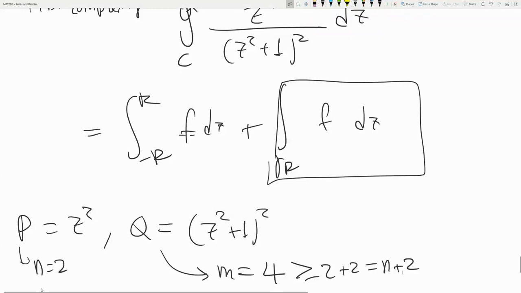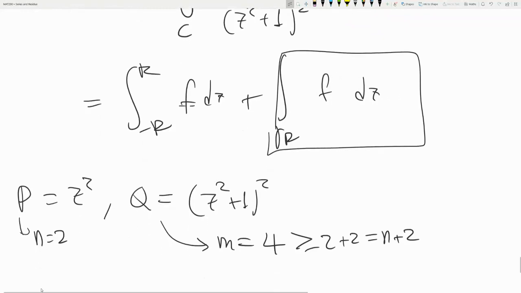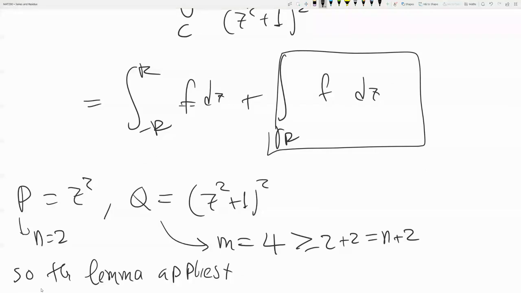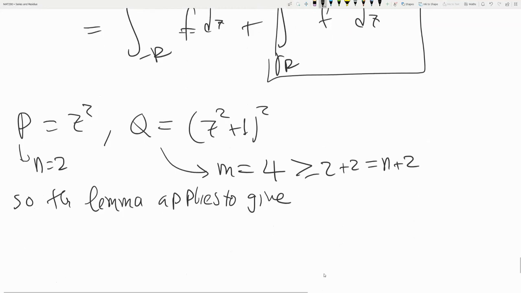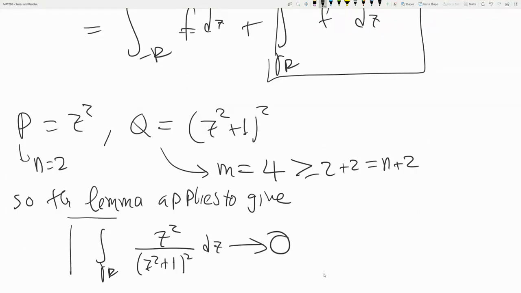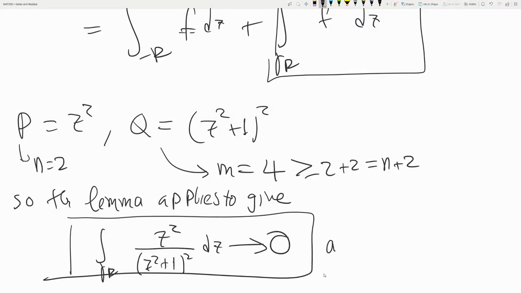Okay, so the lemma applies to give that the integral of z squared over z squared plus 1 squared dz goes to 0 as R goes to plus infinity.